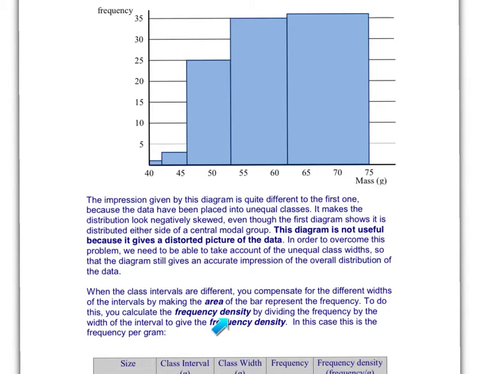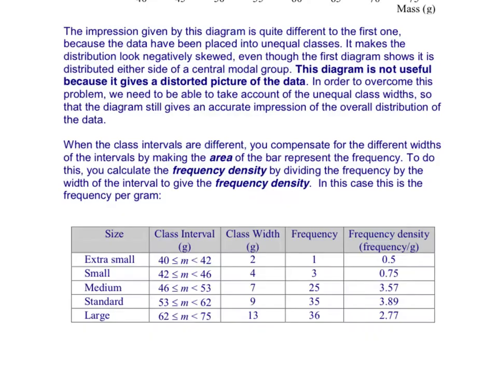And so the way we'll get around this when we've got different class intervals is to calculate the frequency density, and by doing that the area of each bar will be proportional to the frequency. So here's our data again, here's the class widths, and what we'll do is divide the frequency by the class width to get frequency density for each one. And then we can now plot our frequency density against the class width.